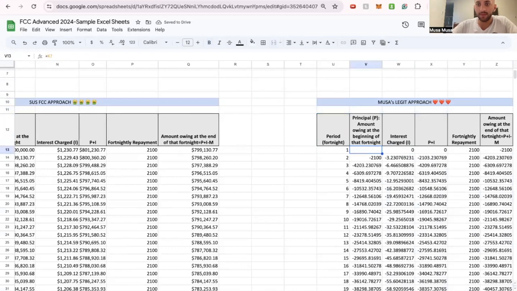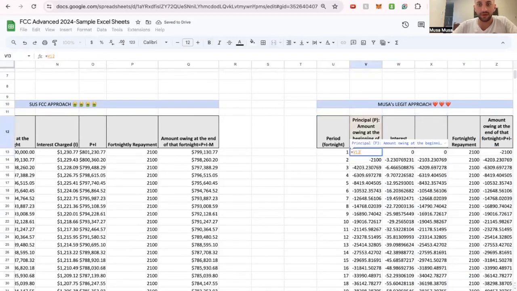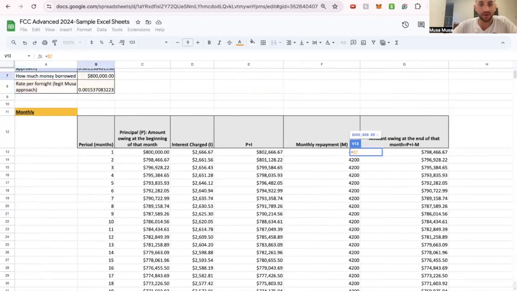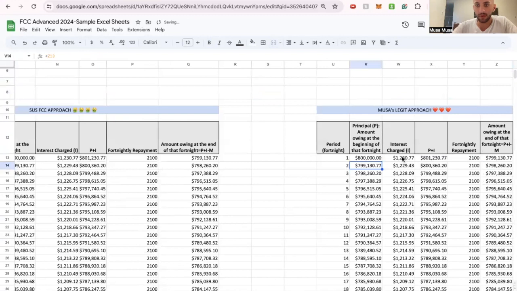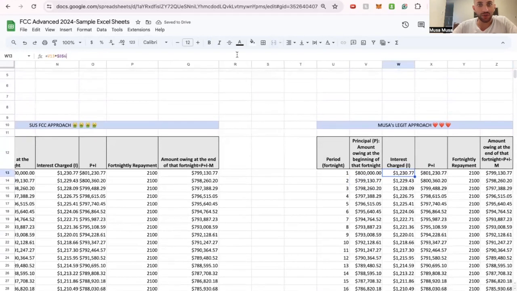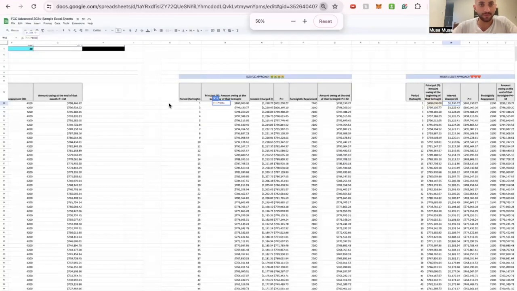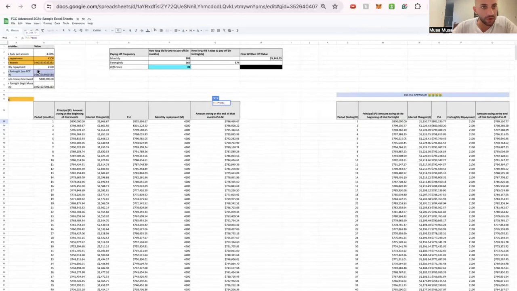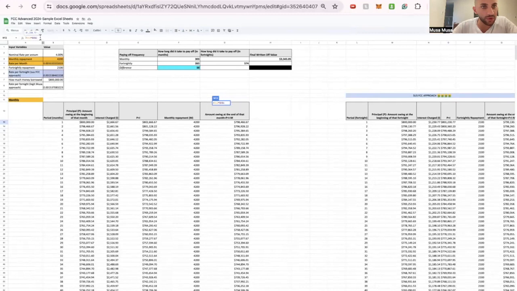Everything is the same. Let me just fix up some of these numbers. Still 800,000. Interest charged is still... It's not going to be using this sus approach. It's not going to be that number. It'll be that one. And then fix that.